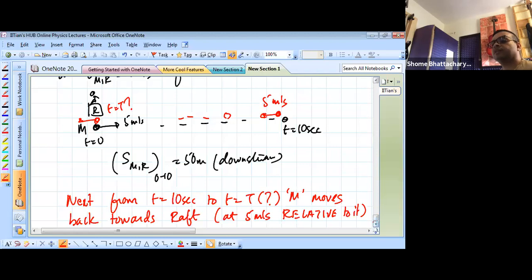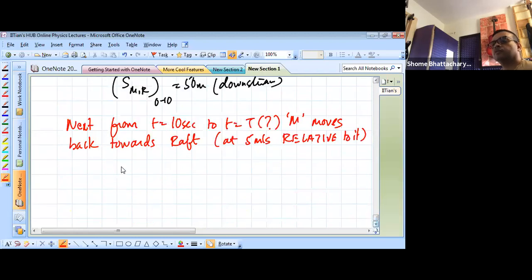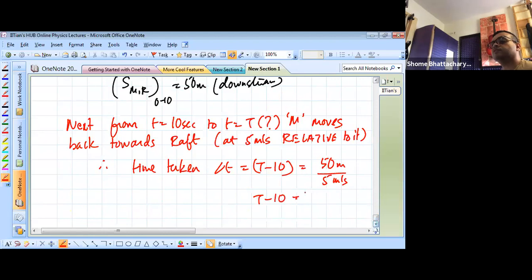So how much time should it take? Therefore, the time taken, delta t, which you can write as T minus 10 seconds, should be the distance it is coming upstream, that is 50 meters, divided by the speed at which it is coming. So you can see that T minus 10 is also 10, or capital T is 20 seconds.